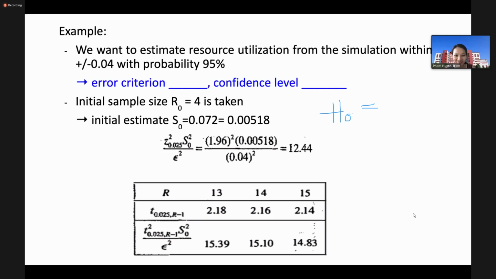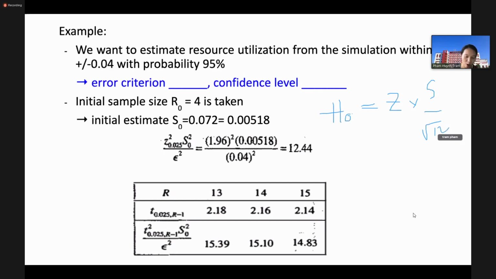It would be equal to Z multiplied with our S divided by the square root of the number of replications.